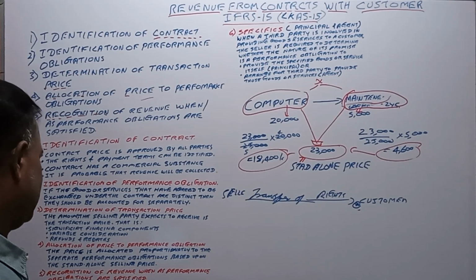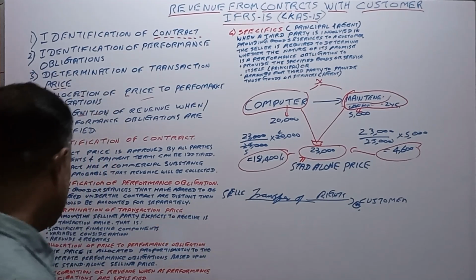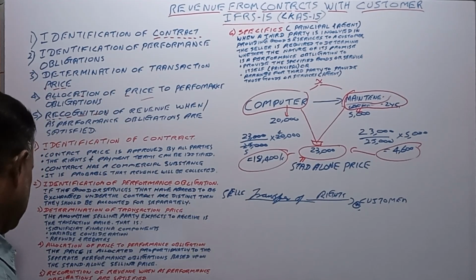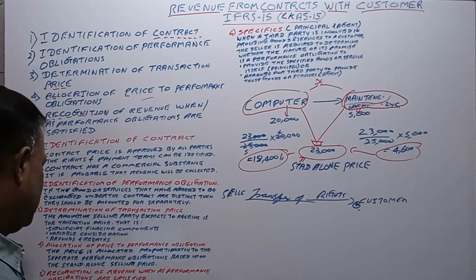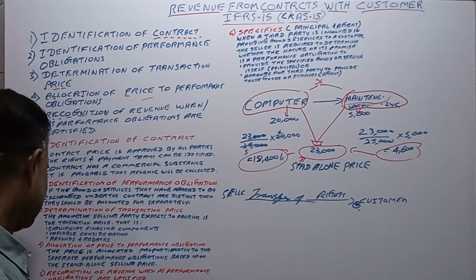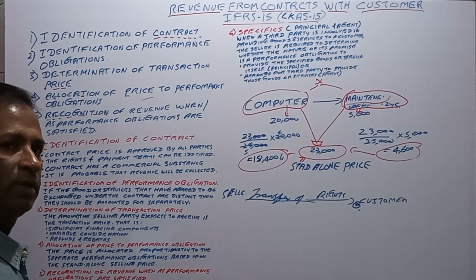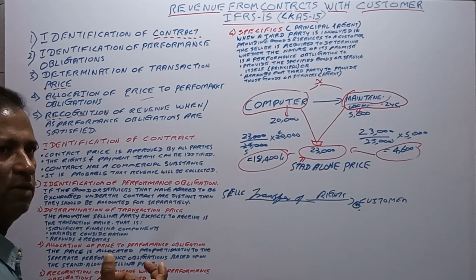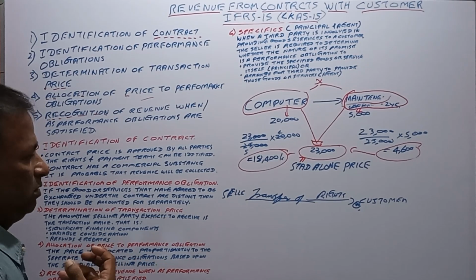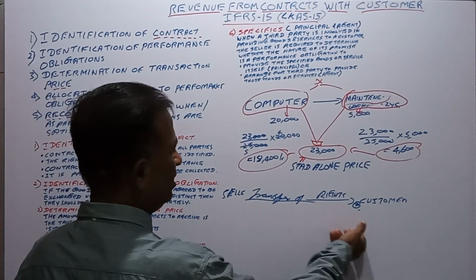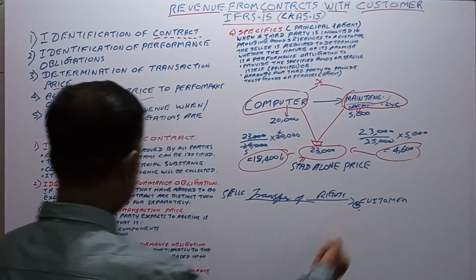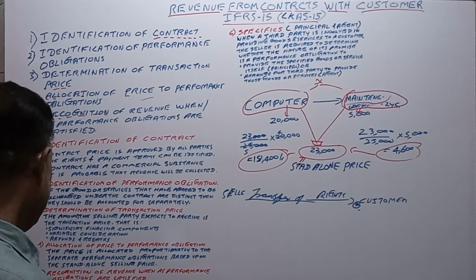Transfer the legal title to the asset, right? Transfer of rights, control, and transfer of legal title. If it is property, once the legal title is transferred to the customer, the owner, it will be recognized.